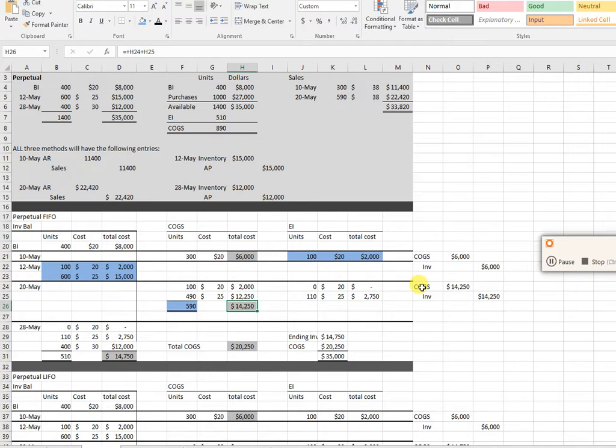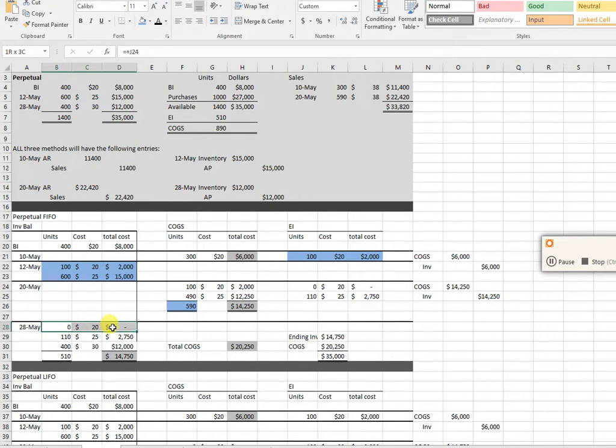So I have an entry. It'll be accounts receivable sales for 22,420. And then also on the 20th, I'll have debit cost of goods sold, credit inventory for 14,250. Then the next date, so I've eliminated all my sales. The next date is the 28th. On the 28th, I purchased 400 at 30. So I have none of the $20 ones.